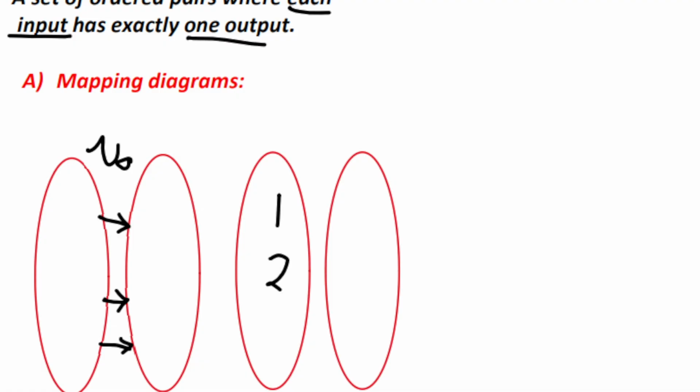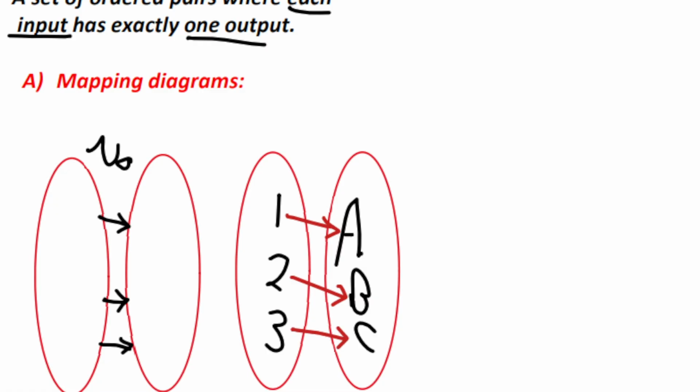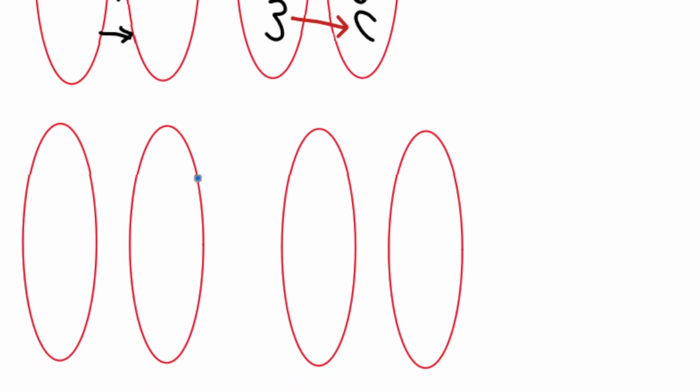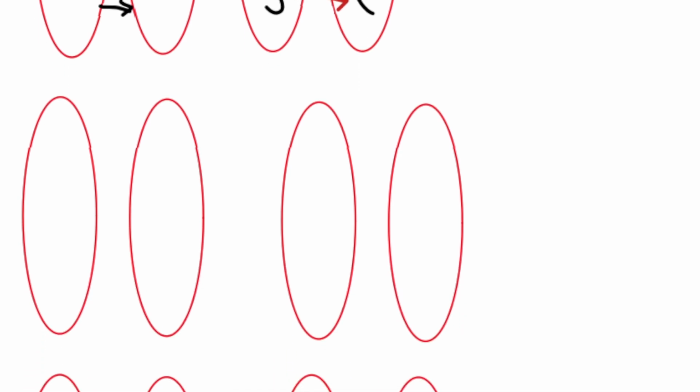So let's look at this. We have 1, 2, 3, and we have A, B, C. If this connects to that, this connects to that, and this connects to this, is it a function? Yes. Why? Because each input has one output only. That's great. Now let's try some examples.